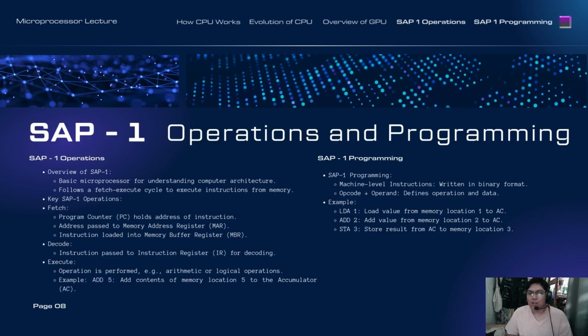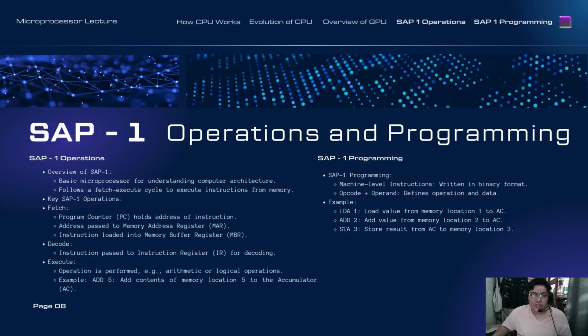So, for example, during the fetch operations, the program counter, or the PC, holds the address of the instruction to be fetched from memory. This address is passed to the memory address register, or the MAR, and the instruction is loaded into the memory buffer register, or the MBR.